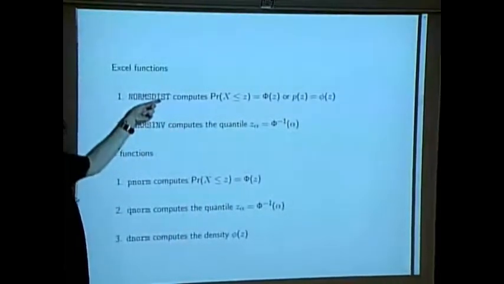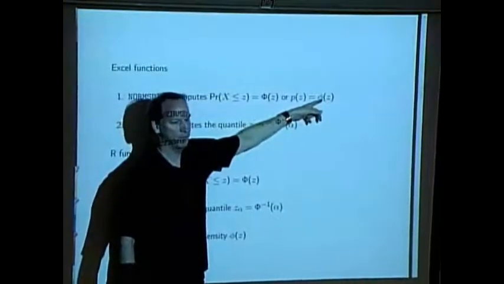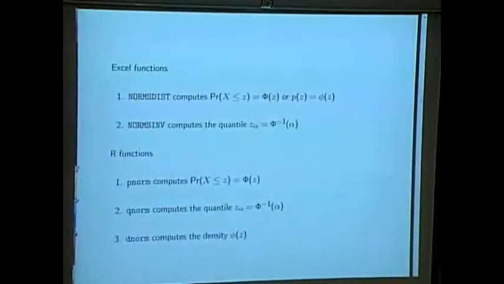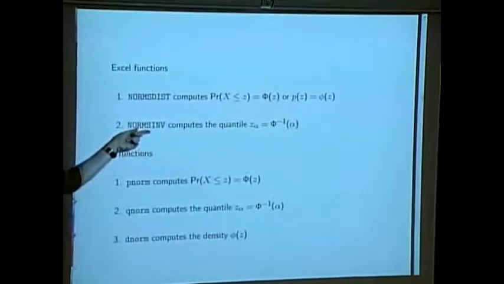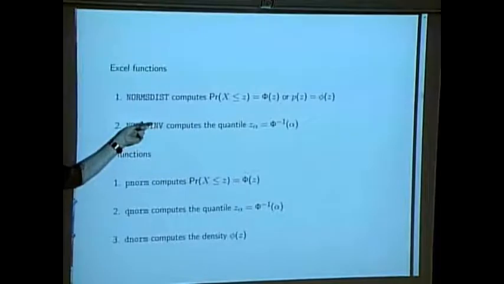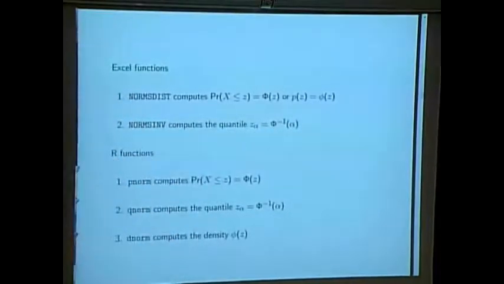This function also allows us to evaluate the height of the normal curve at a particular point. So it gives us the density as well. If we want to compute quantiles associated with the normal distribution function, there's a function called NORMSINV. So it's the inverse CDF, or the quantile function. So that calculates this quantile.